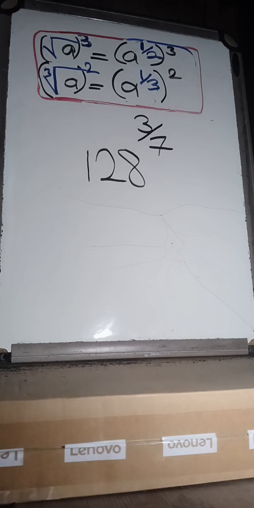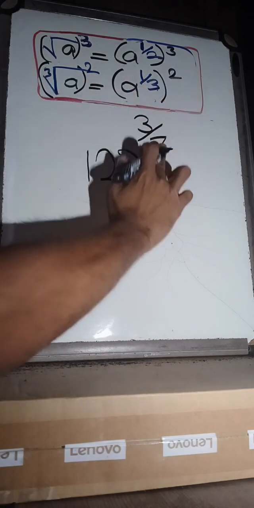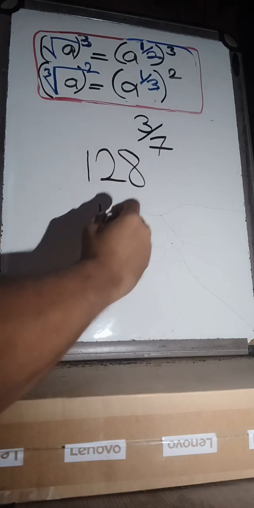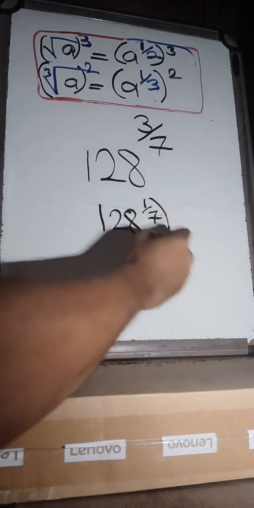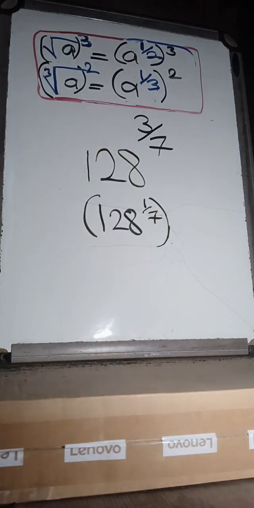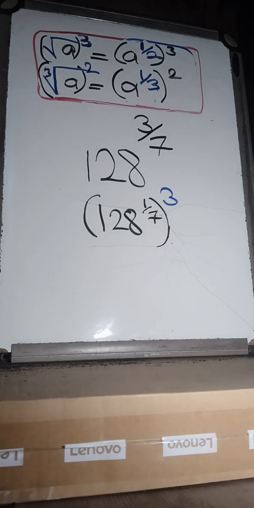Now, mind you, this is not so difficult, because really and truly, for example, if we're looking at it like this, what is really happening is you will have 128 raised to the 1/7 with the number 3 on the outside, right?